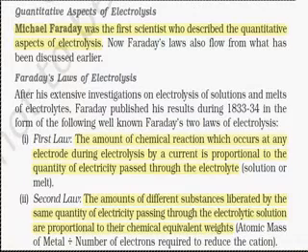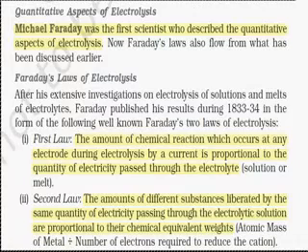Now what does the second law say? It says that if different electrolytic cells containing different electrolytes are joined in series and the same quantity of electricity is passed through them, then the amounts of products obtained at the electrodes are directly proportional to their equivalent weights.